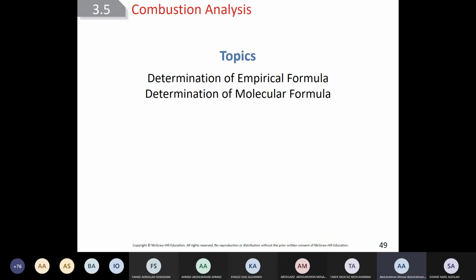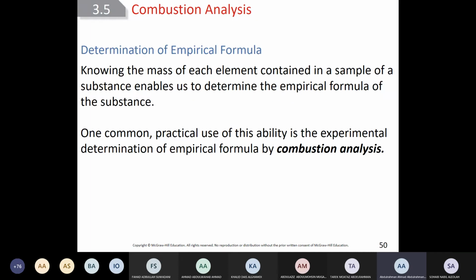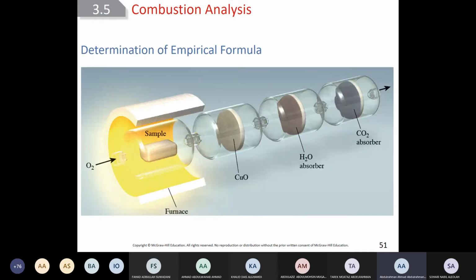Okay, now determining the molecular formula from the empirical formula. This is a very well-known experiment for organic compounds. We take the organic compound, put it here, and then we burn it. When we burn organic compounds, what are you going to get? What does the organic compound consist of?